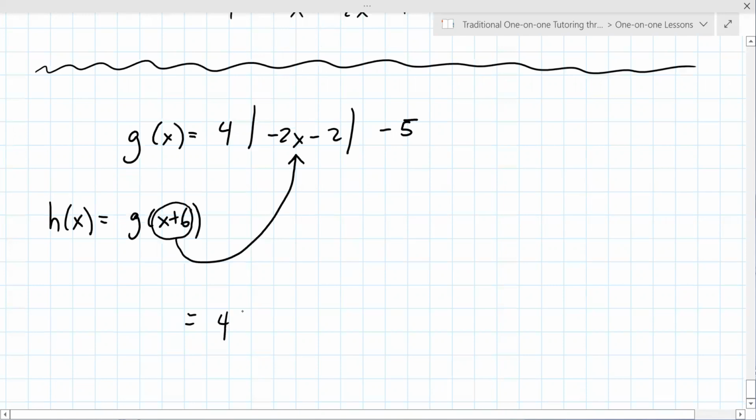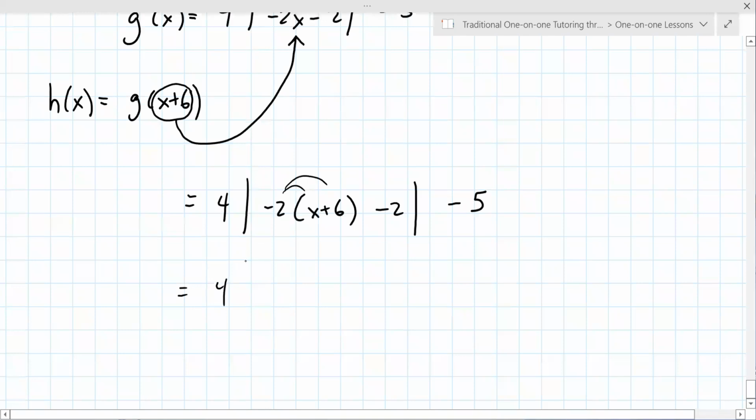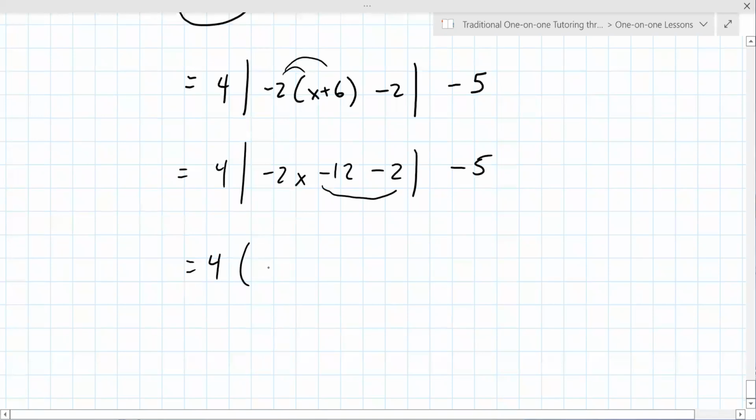So it's 4 absolute value negative 2 times x plus 6 minus 2 minus 5. Okay. And then the parentheses are super important here. You distribute these things to both. So it's 4 absolute value negative 2x minus 12 minus 2 minus 5. And then you combine like terms. So 4 absolute value negative 2x minus 14 minus 5. Actually, this is still absolute value.